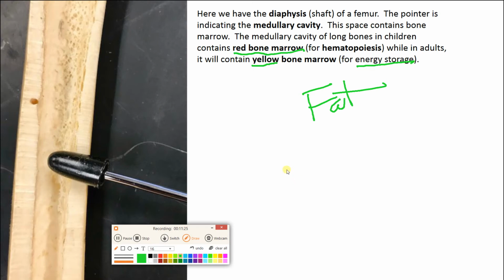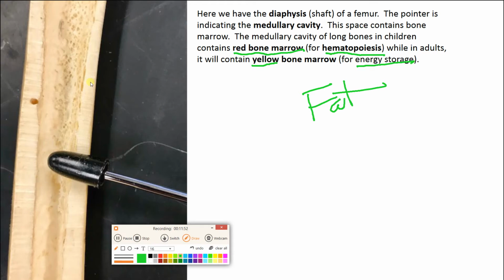Blood cell production, that's 3 words. It would be easier if we just had one word for that. So our one word for blood cell production is hematopoiesis. That O-I-E makes a wee sound, okay? Hematopoiesis. Hemato means blood, poiesis means making. So red bone marrow is all about blood making.